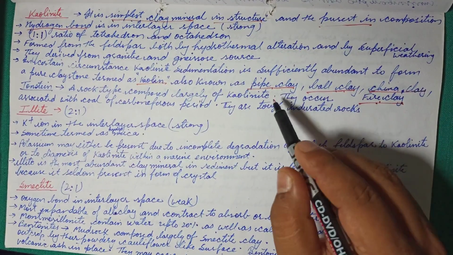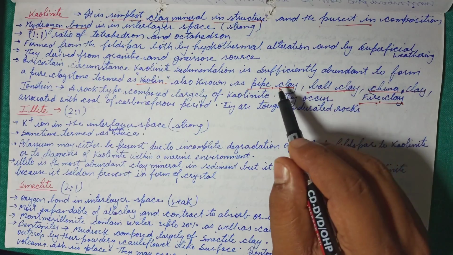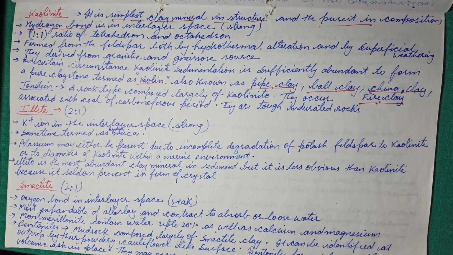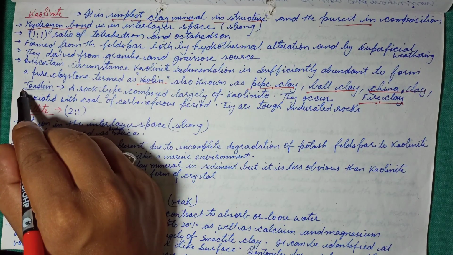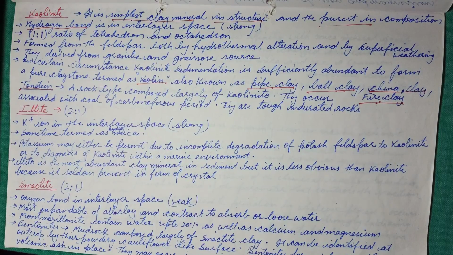They may ask which of the following does not contain kaolin, so you may get confused with that. There is another rock which is known as tonstein. This tonstein is also composed of a large amount of kaolinite, and it has the special feature that it occurs in association with coal, coal of the Carboniferous period.